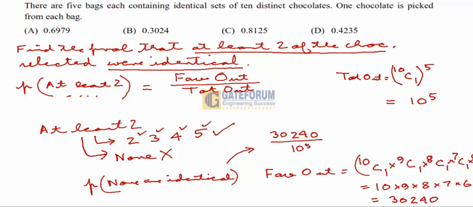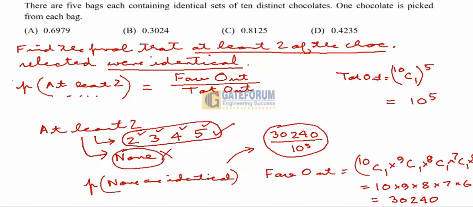Now, if none are identical, the probability is this, and in at least 2, all the others fall excepting this, and I require to find the probability of at least 2.